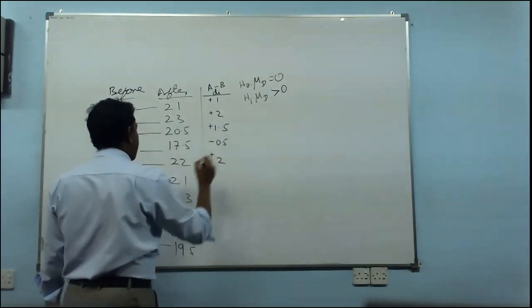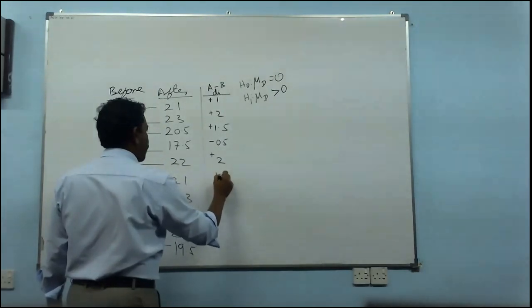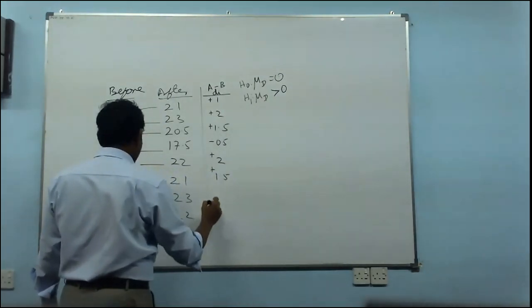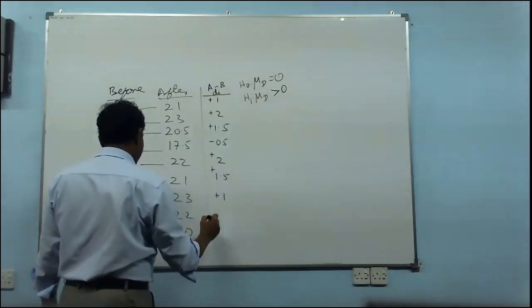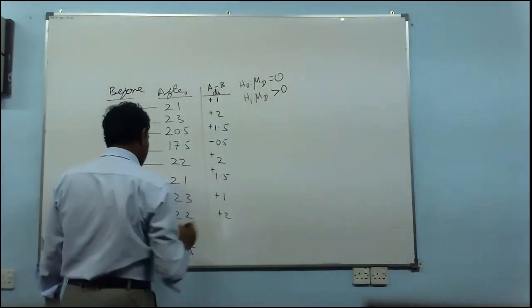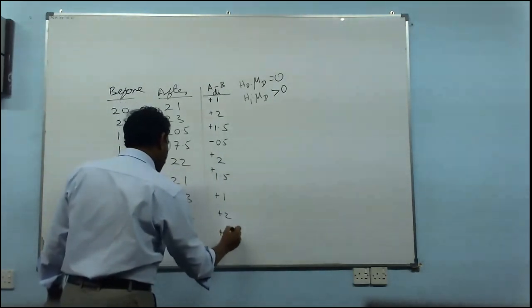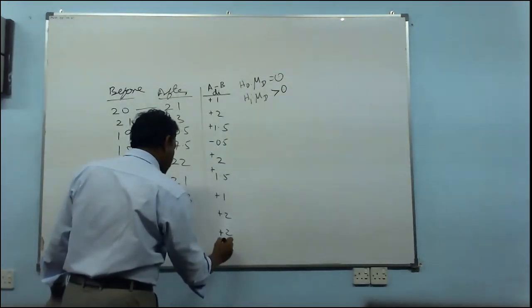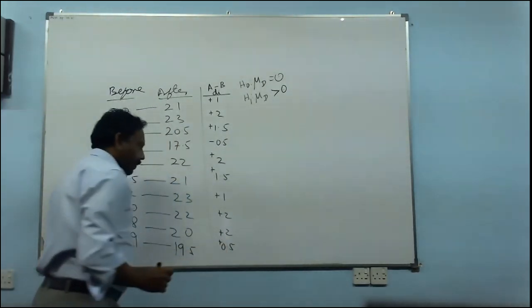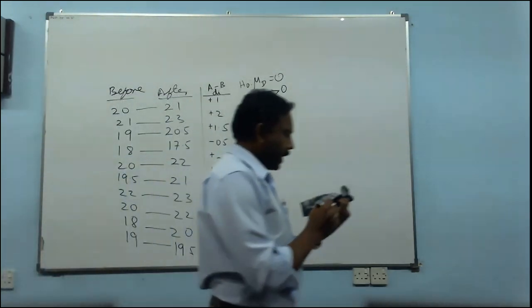Then +2, +1.5, which is also plus. So take the +1, +2, +2, and +0.5. So these are the differences. Okay.